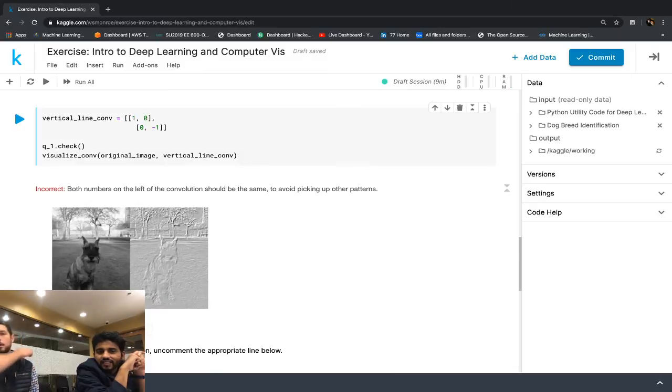There we go. This gives us a very decent edge for the entire image. What I forgot is that when you're doing diagonal filters, you want to zero out the diagonal that you're not interested in. Very interesting.